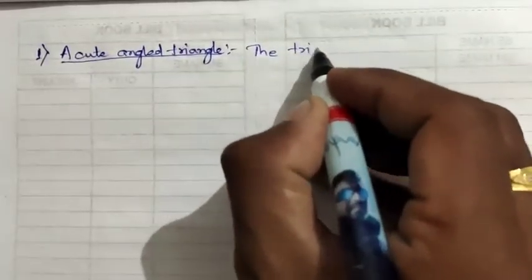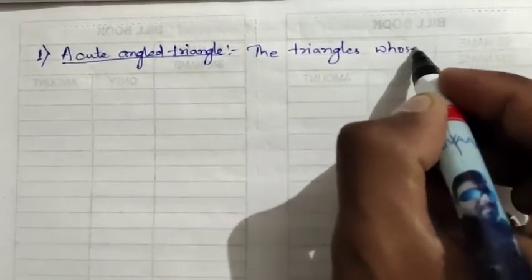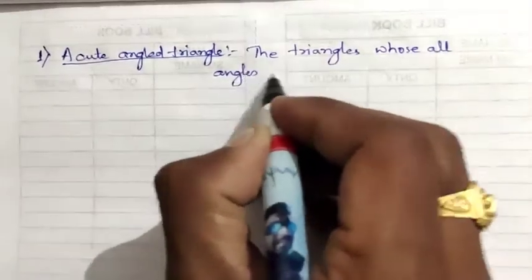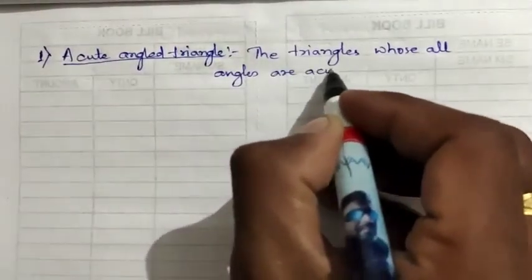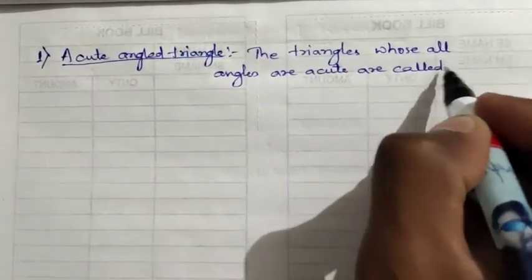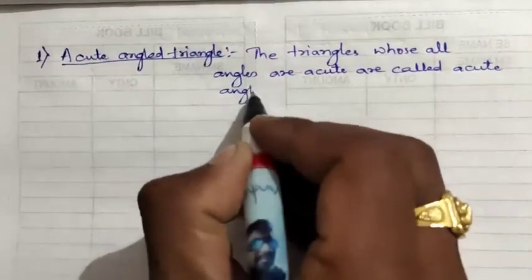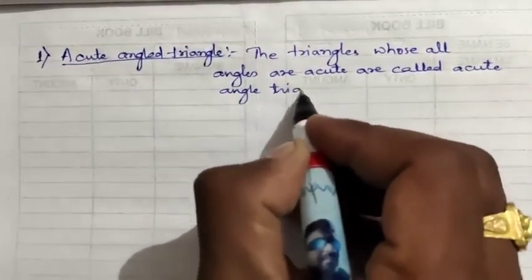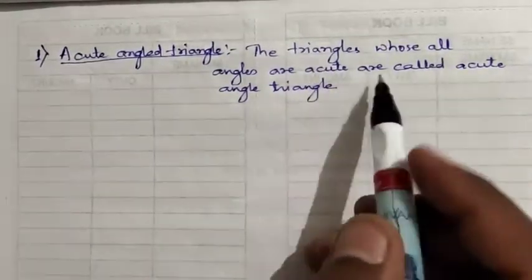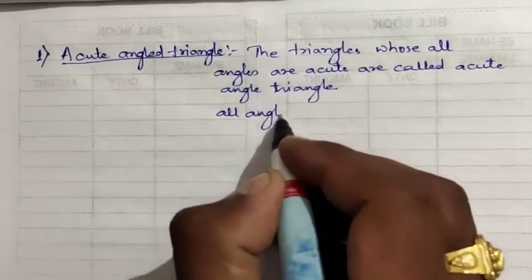The triangle whose all angles are acute is called an acute angle triangle.